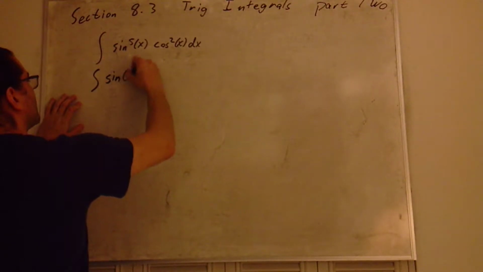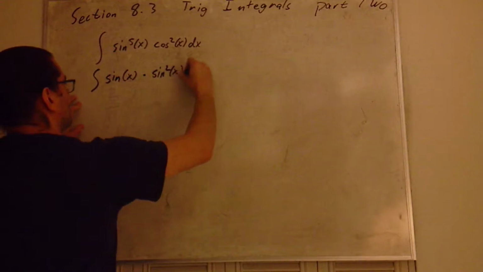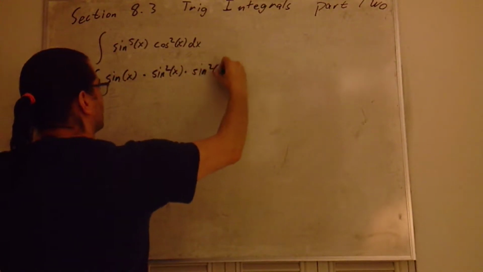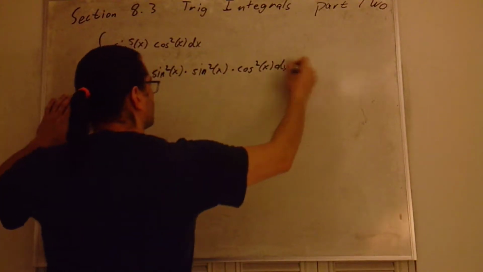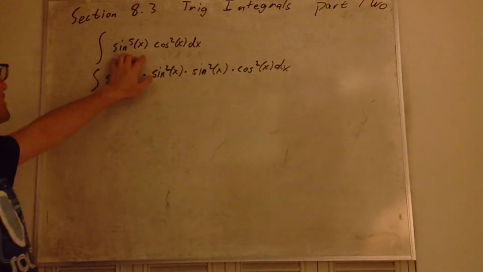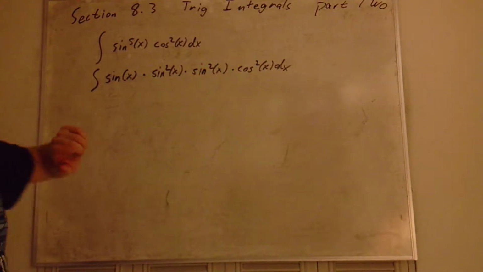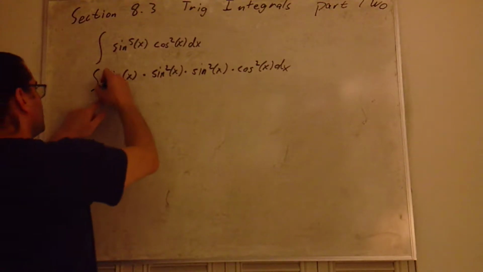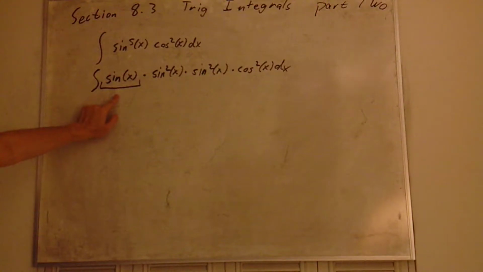First I'm going to write this as sine of x times sine squared x times sine squared x times cosine squared x dx. So my cosine squared hasn't changed. My sine to the fifth has become sine, sine squared, and sine squared. This is my one copy that is going to stay by itself alone as the other function.